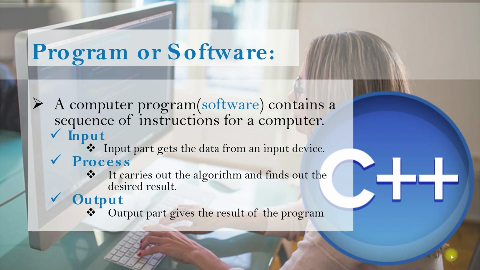By output, the result which was made ready in process is going to be shown to the end user. Okay, these are the 3 parts of a software: input, process, and output.